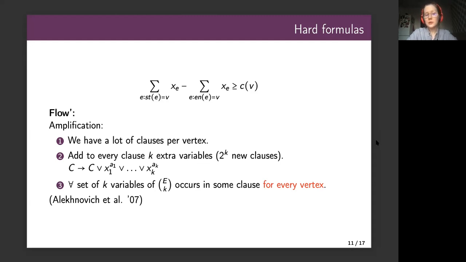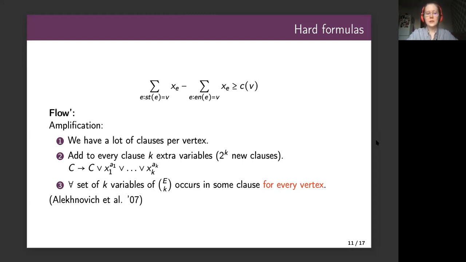And we would like to add to every clause k extra variables with all possible signs, such that one clause becomes 2 to the k new clauses. How do we pick variables that go to the clause? First, we take all variables that occur in our formula that correspond to edges, and we take all sets of k variables.